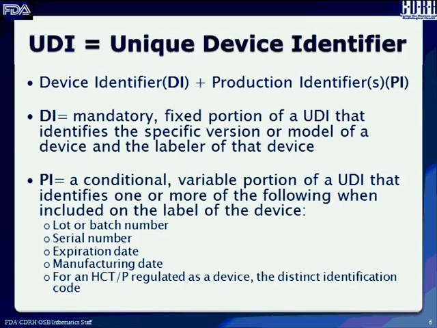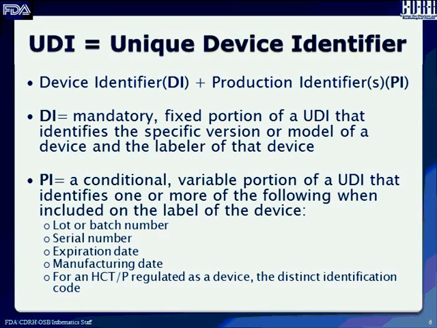It identifies a specific portion or a model of the device and the labeler for that device. The PI is a dynamic portion and can be composed of one or more of the 5 items listed on the slide: lot or batch number, serial number, expiration date, manufacturing date, and for human cellular and tissue-based products, the distinct identification code.